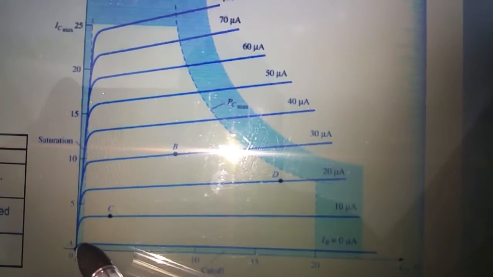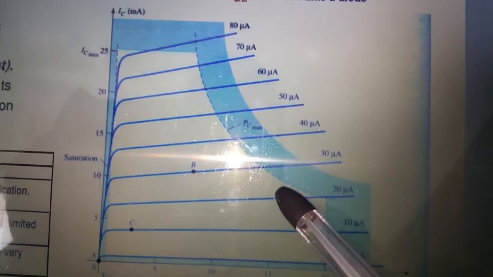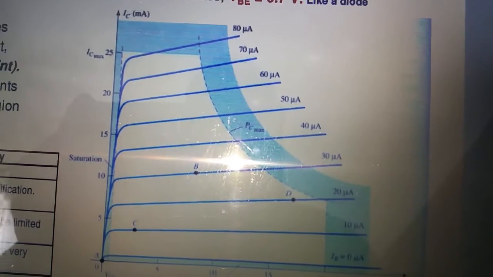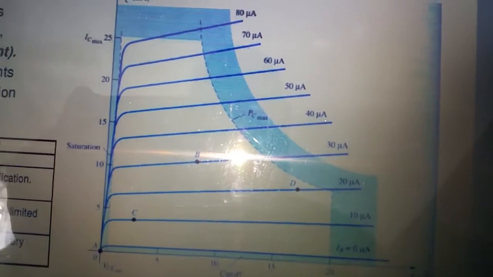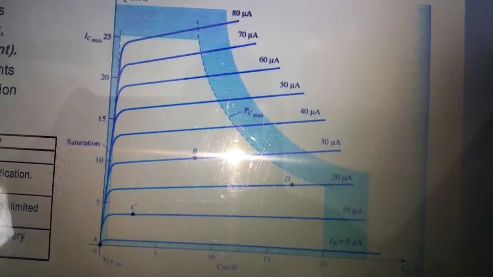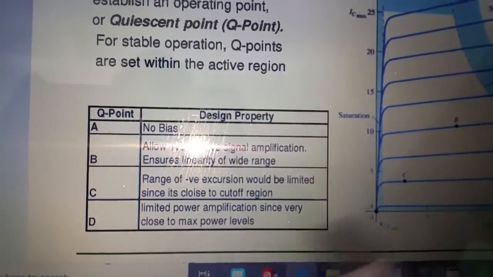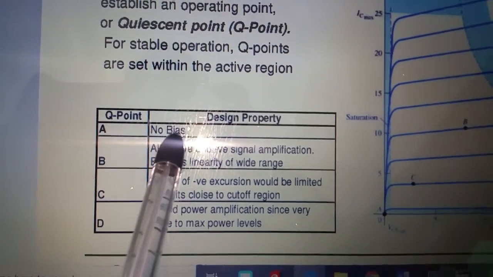So here on this diagram, we have the Q point falling either at A, B, C, or D. Now, if we bias the transistor, as I said, Q point deals with the load line. If the load line falls anywhere on these sections, you have different results, and results are given here. So this result says if we bias it at A, there is no bias.